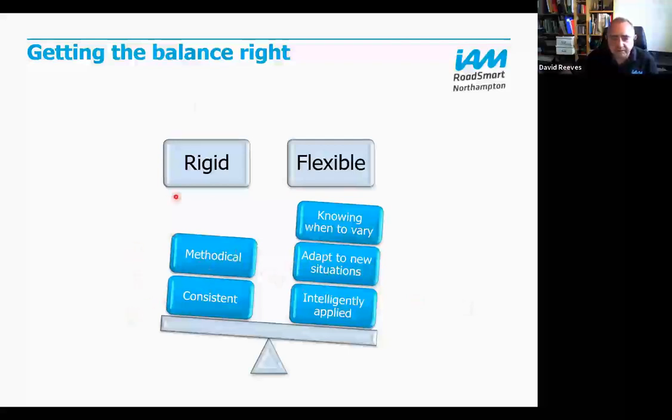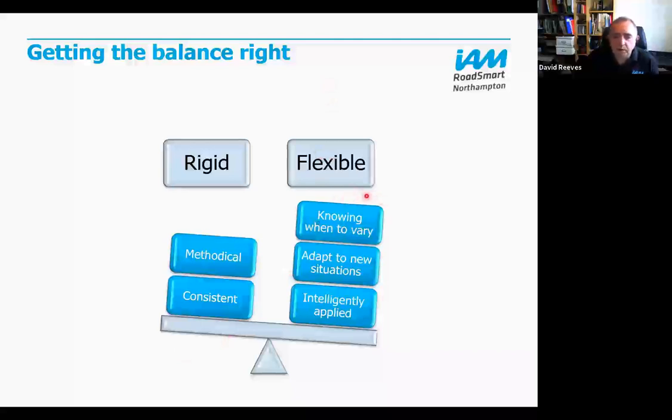So very typically, when we're first starting out with a new associate, we tend to stick to being methodical, stick to going rigidly through the system until they're consistent, so that the associate can apply the system unthinkingly, really, to be able to do this in every circumstance. It's second nature. But we need them to be flexible as well.